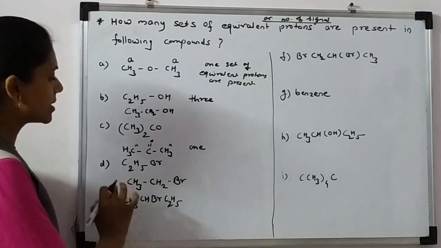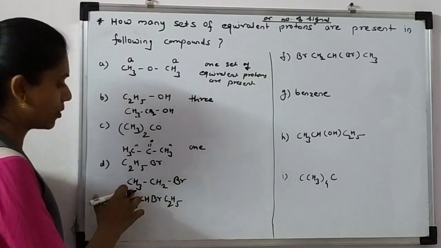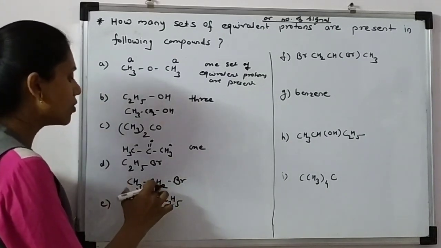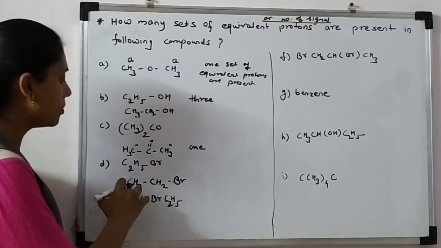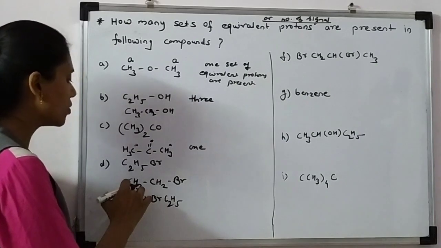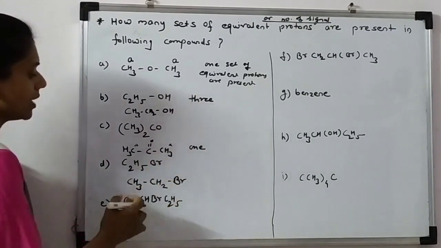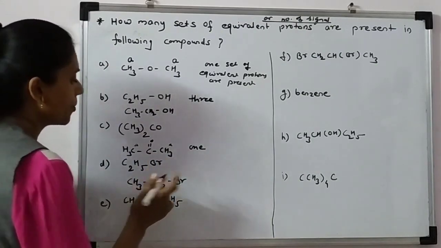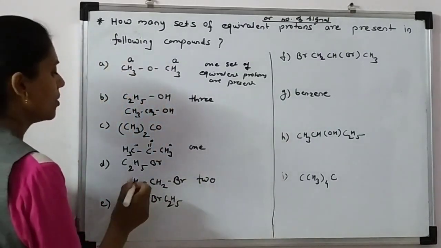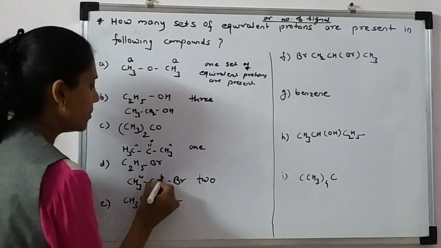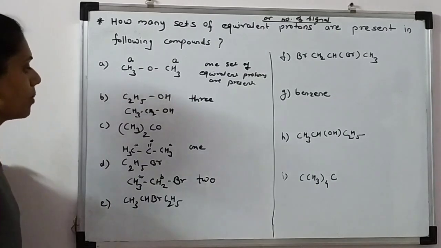Obviously the environment of these two protons and these three protons looks different, since this methylene group is attached to bromine. On the other side there is the methyl group, which has three protons attached to a carbon atom, and again the CH2 group. So the environment is different, and we can say there are two sets of equivalent protons, A and B, that means two signals we can obtain here.